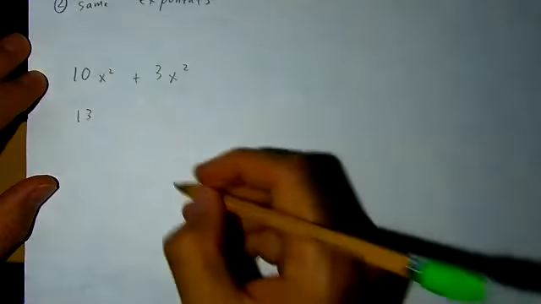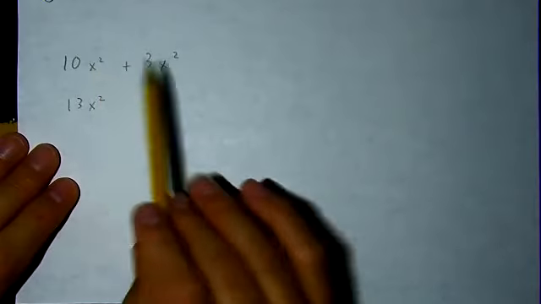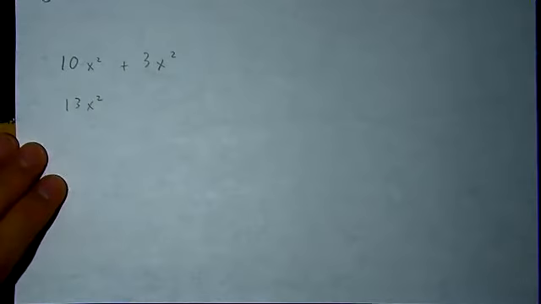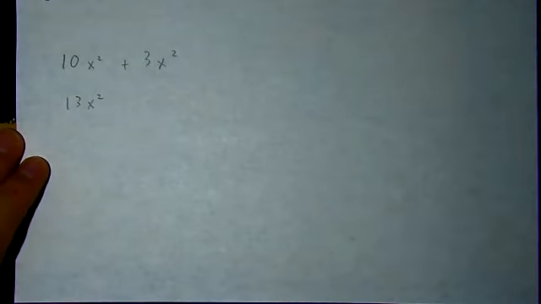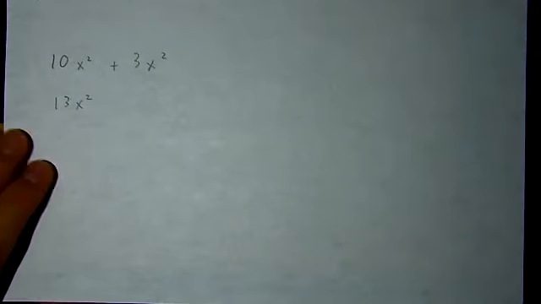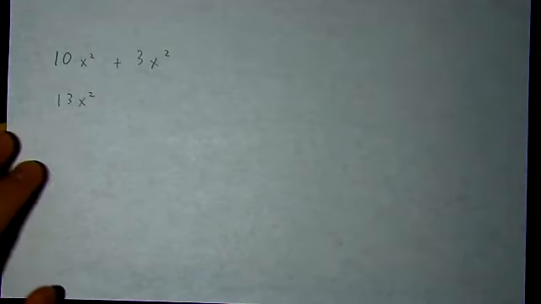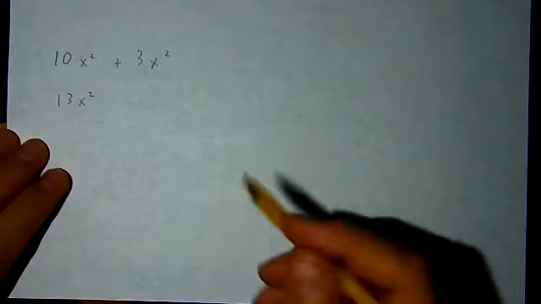So 10 plus 3 is 13. The base comes down untouched. It's different than multiplying. I see a lot of people want to add these together and have x to the 4th. That only happens when you are multiplying variables. You never change the exponent when you're adding and subtracting variables.